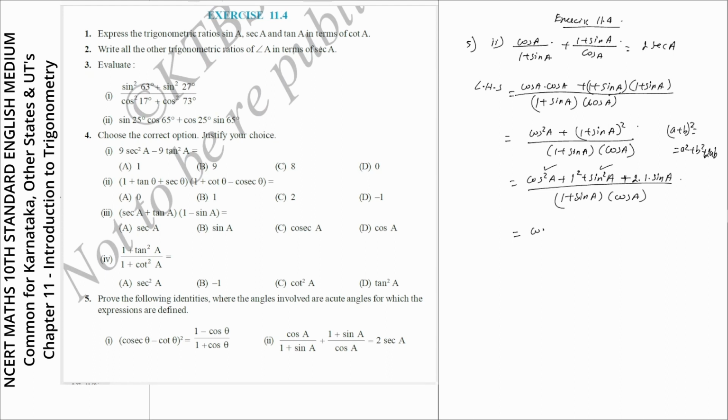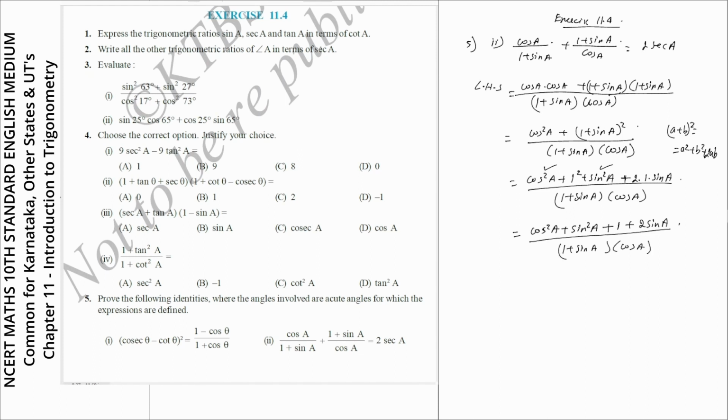Okay, I'll write one more step. Cos square a plus sin square a, I wrote it side by side, plus 1 square means 1 only, plus 2 into 1 into sin a is 2 sin a, divided by 1 plus sin a into cos a.